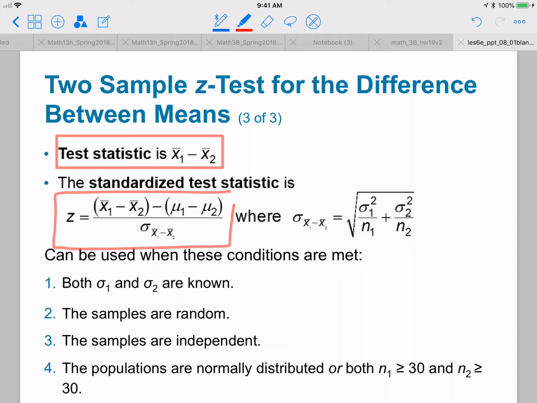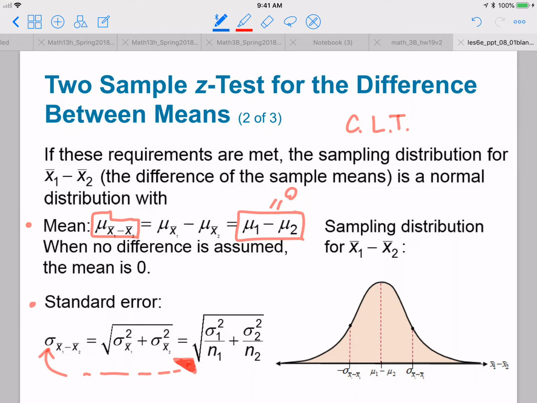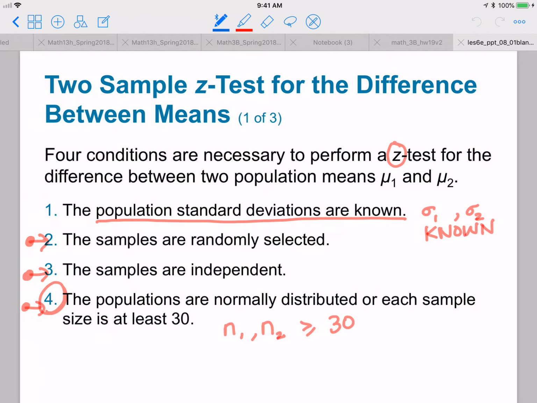Now remember that we'll be assuming that mu1 minus mu2 equals 0 when we're performing our hypothesis test, right? So remember that when no difference is assumed, the mean is 0. That difference in means is 0.